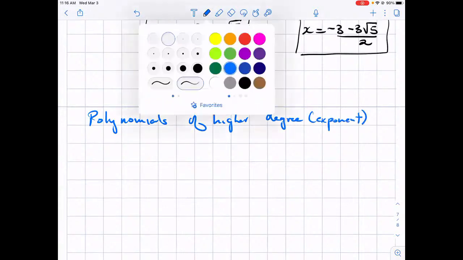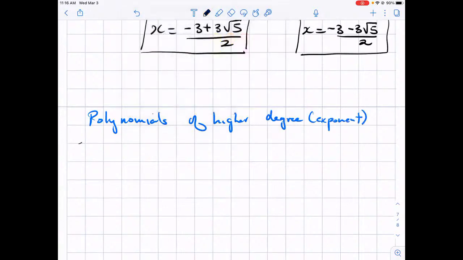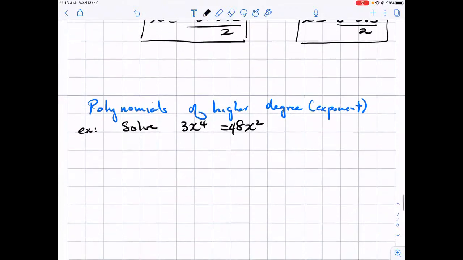So suppose that you're asked to solve, for example, 3x to the fourth is equal to 48x squared. Anytime the degree is higher than 1, you have to do some sort of factoring. So the first thing we'll do is set it equal to 0.